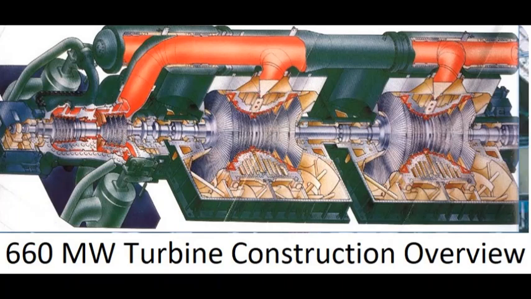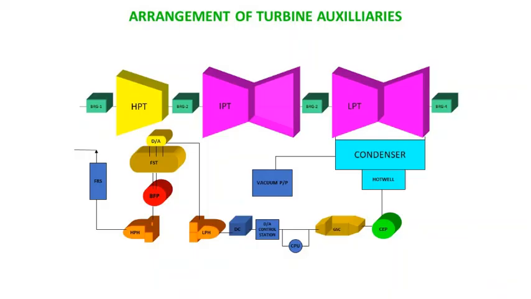In most plants, we will find that these turbines are placed successively and coupled together in such a way that they work in unison as a combined unit of turbo alternator. So HP, IP, LP and alternator are all coupled together, and together they are called the turbo generator.